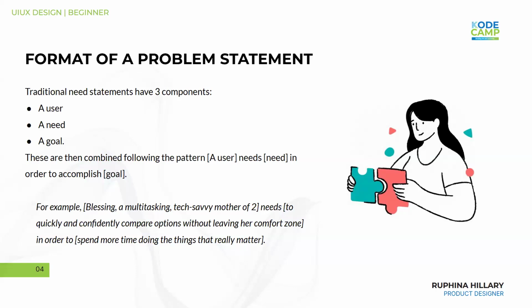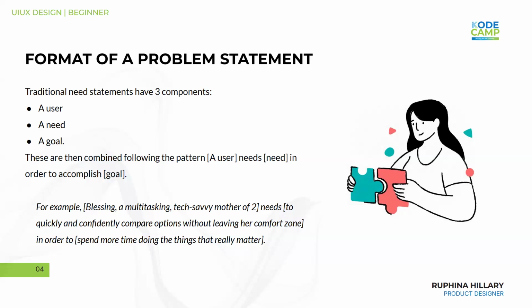So let's say Blessing is the persona of this research process, the one that has been created in the define stage. We are saying now that Blessing needs to quickly and confidently compare options, probably tailoring options, without needing to leave her comfort zone.